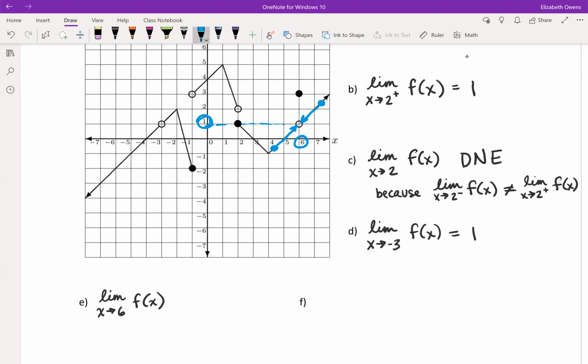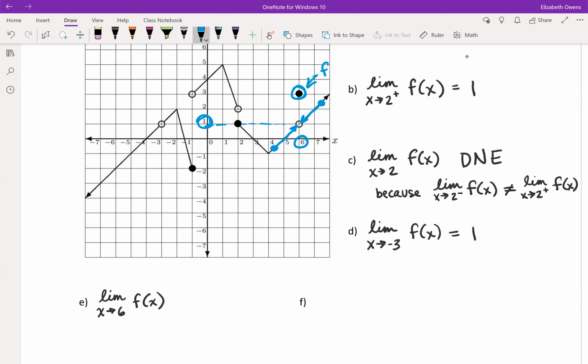Now, notice on this one, we threw in an idea that we had looked at before in one of the previous sections. I want to say 2.1. The function has a hole in the graph, but it's not undefined at x equals 6. F of 6 does actually exist. It's just up here. F of 6 is 3.